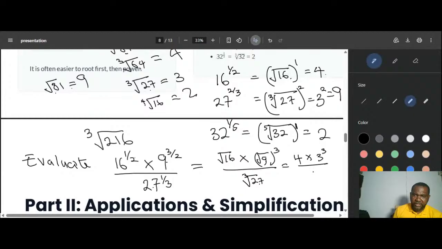Cube root of 27 is 3. So this will be 4 times 3 raised to power 3 is 27, divided by 3. So the answer will be 36. So 36 is the answer.